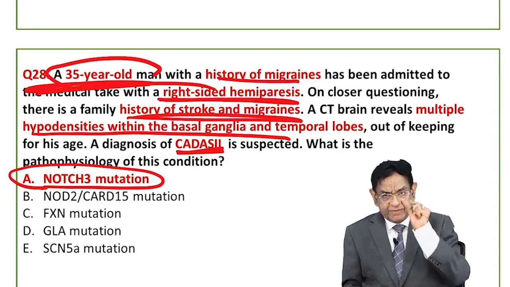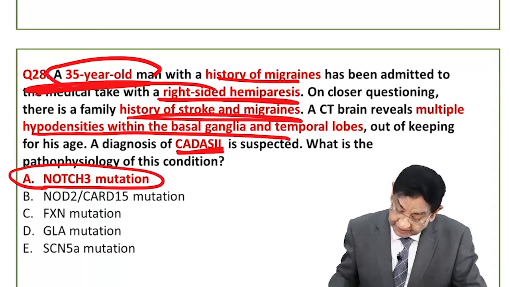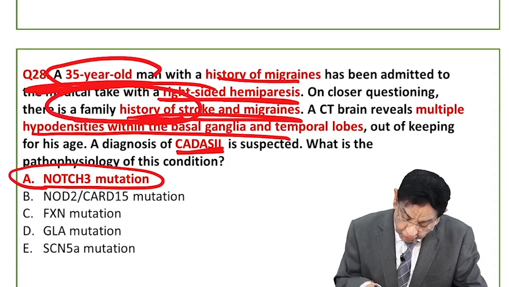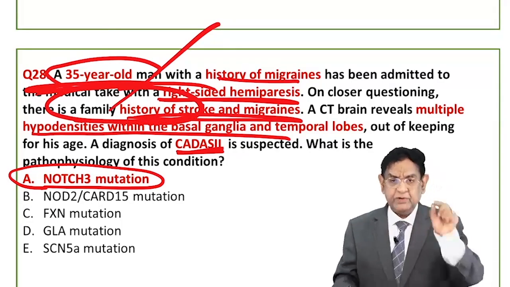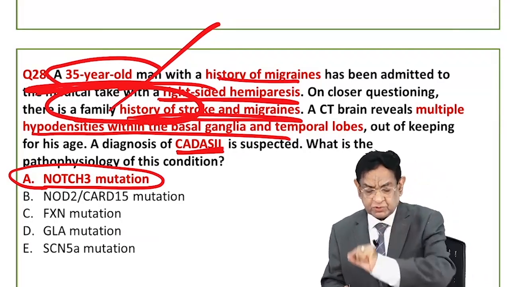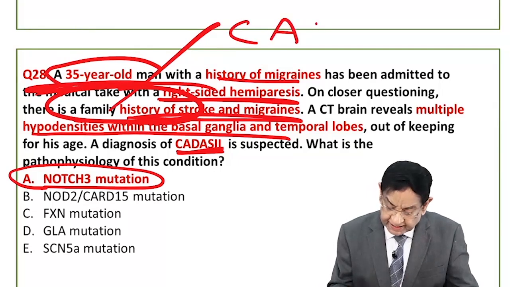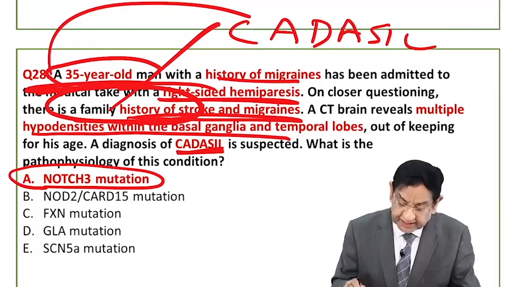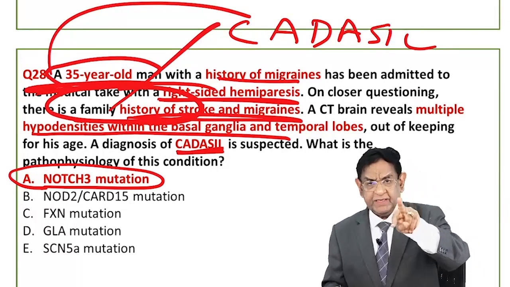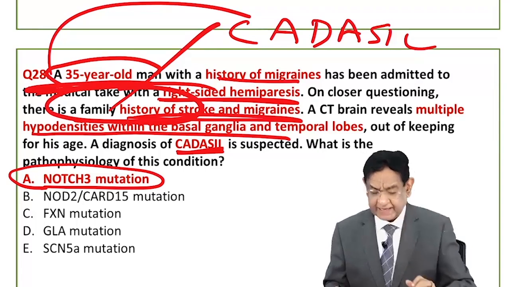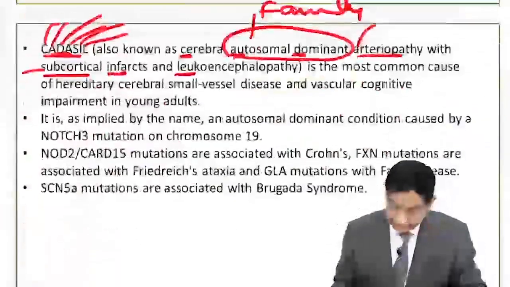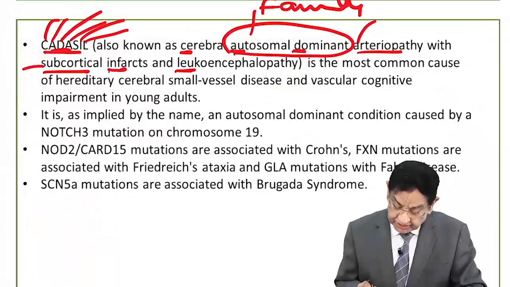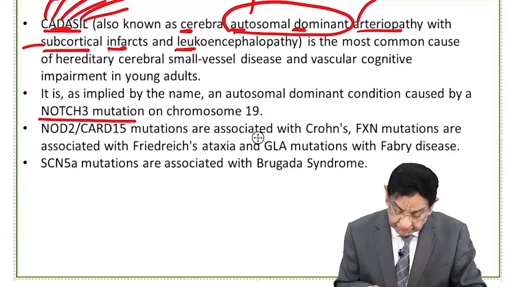Since it is a familial phenomenon, and he also said family history of stroke, whenever you get a family history of stroke, think about CADASIL. It will be supported by a young age. The two things, family history positive and young age, think about CADASIL. And this is due to the Notch 3 mutation.